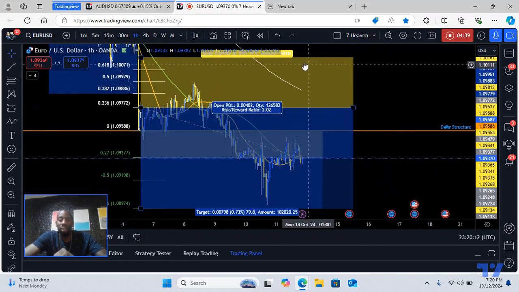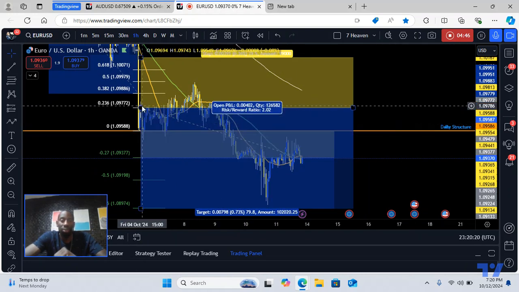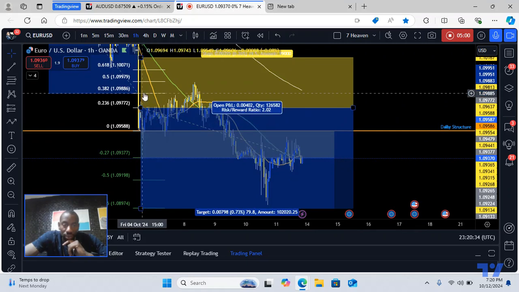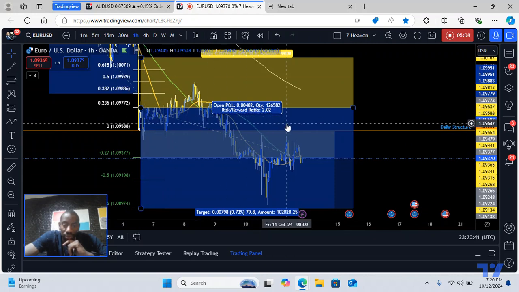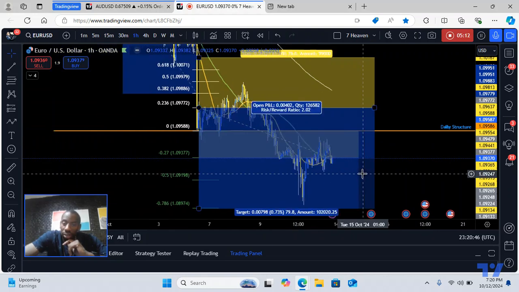Again, we didn't approach anywhere here, so this doesn't get deleted, and that's why. This trade was valid on October 4th. That's what it says there. And now it's October 13th, and we're still in this predicament.